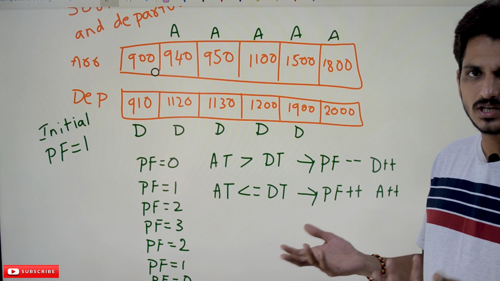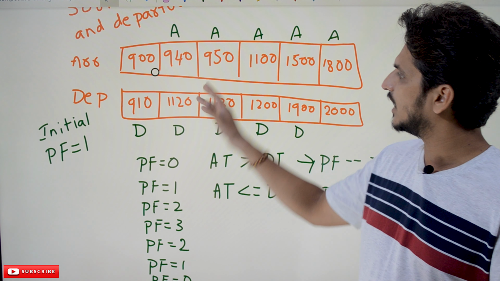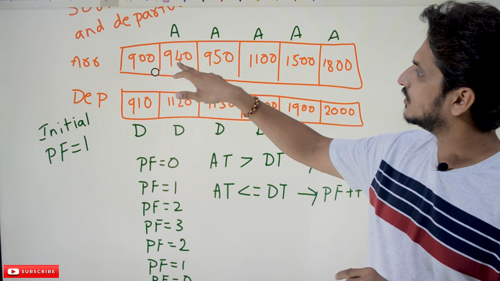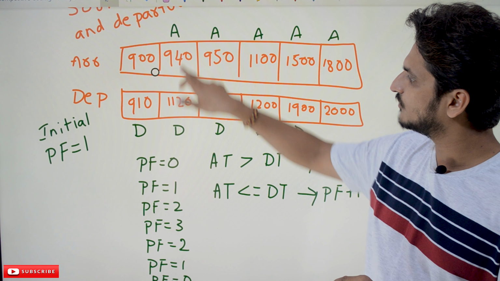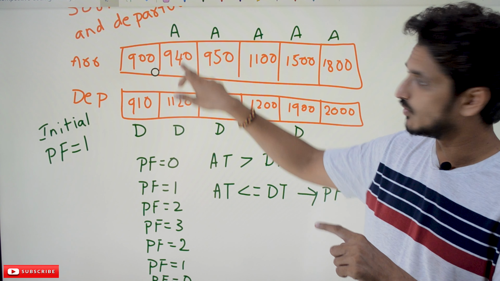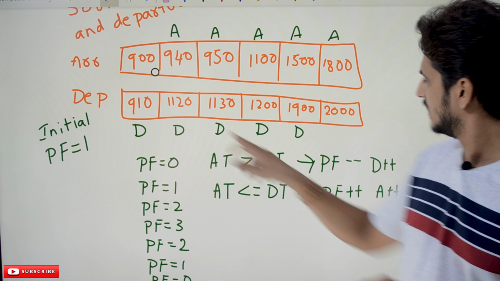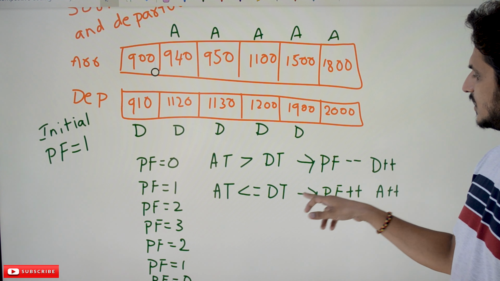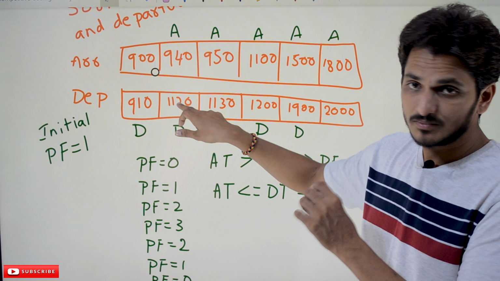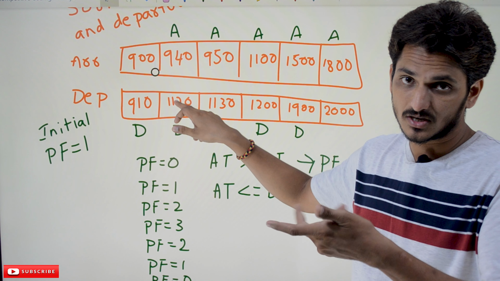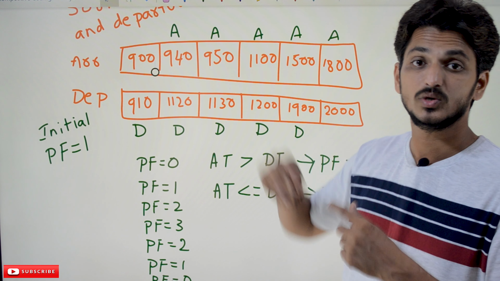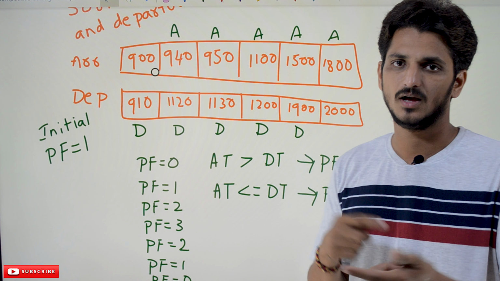That's it. The logic is very simple. Take the next departure value. So D lies here, and the arrival time is here: 9:40, 11:20. If the arrival time is less than or equal to the departure time, where the next departure time is 11:20, then before that another train arrives, which means we have to assign a platform.